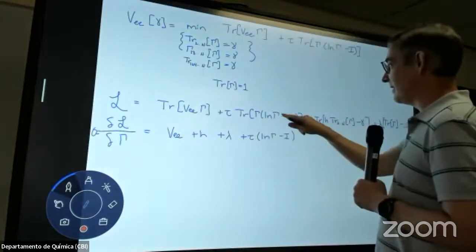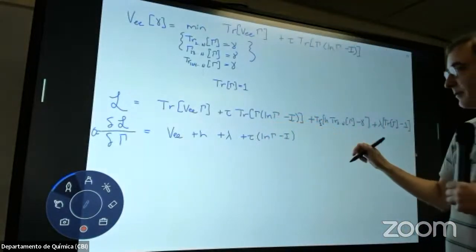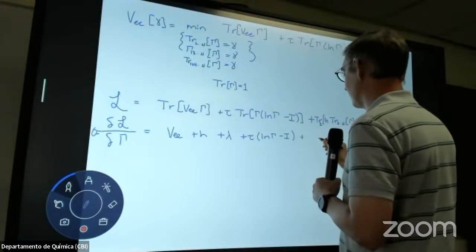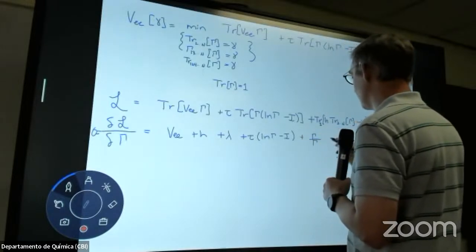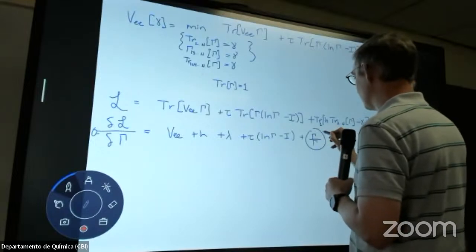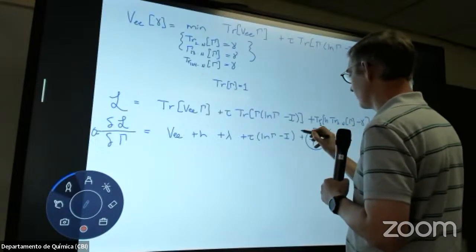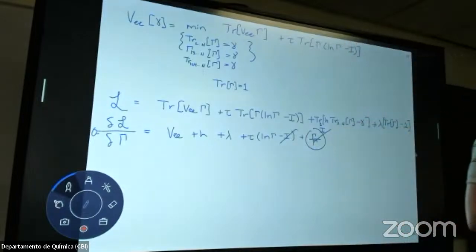And then I have to take the derivative with respect to log gamma. And that's going to be gamma over gamma. This is just I. So this term and this term cancel out. So that's why we did this minus I. It's just to make our math ever so slightly easier. Okay. So this is my constraint.